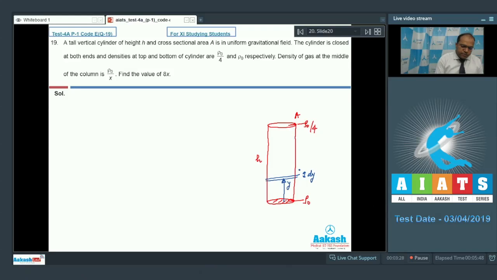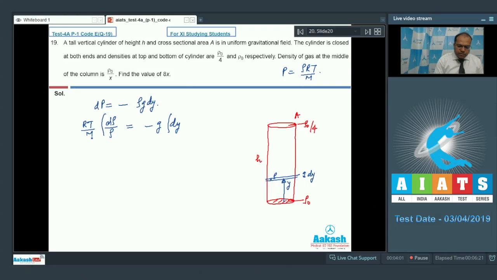So the difference in pressure dP can be written as minus rho g into dy, where rho is the density here, and we know that P is given by rho RT by M. If I replace P by rho RT by M, then we can write RT by M into d rho by rho is equal to minus g into dy.